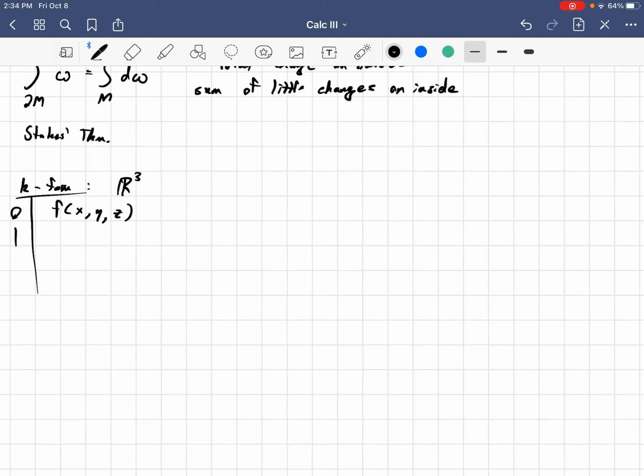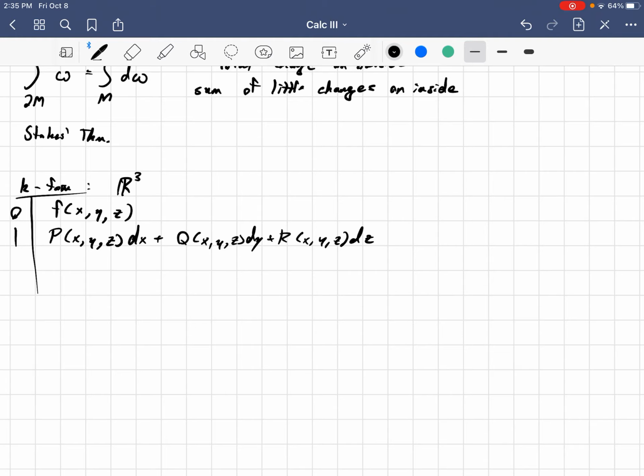Now, a 1-form in R3 would be where we still have functions of 3 input variables. I'll write it out in this case: P of x, y, z dx plus Q of x, y, z dy plus R of x, y, z dz.